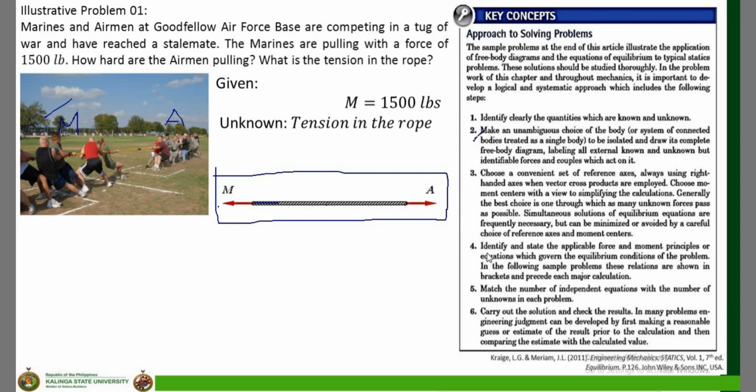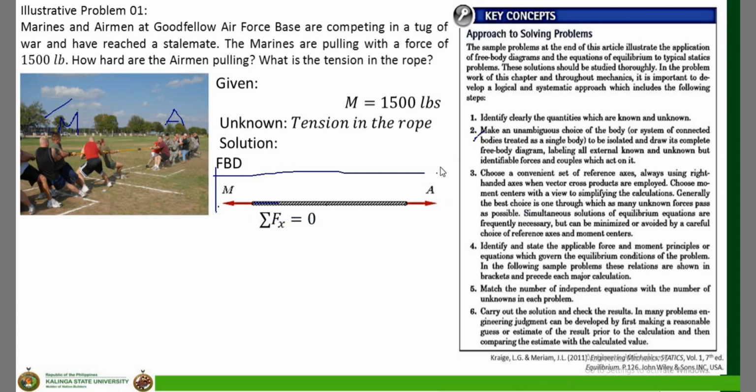So step 4, identify and state the applicable force and moment principles or equations. So in step 4, since my reference axis is horizontal or the x-axis, I will use the static equation, summation of forces along the x that is equal to 0.